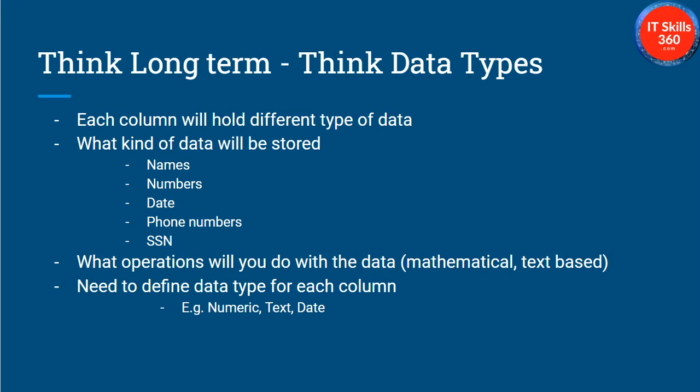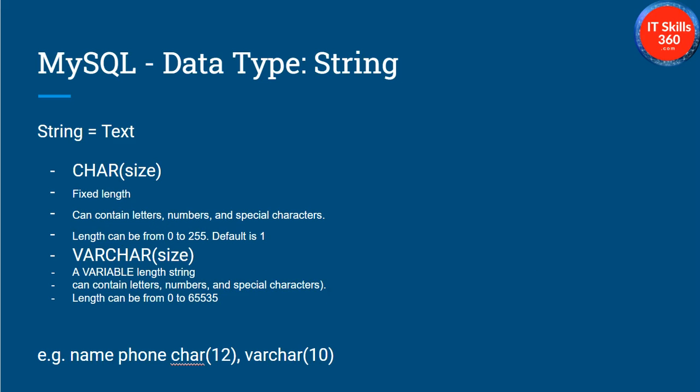So in MySQL, the types of columns are very specific and defined, and we have to select from those. Now there are pretty standard ones, so it is not specific to just MySQL. Even Oracle or SQL Server would have the same thing, but in general these are the types of data. So the very first one we'll start with is called string type.